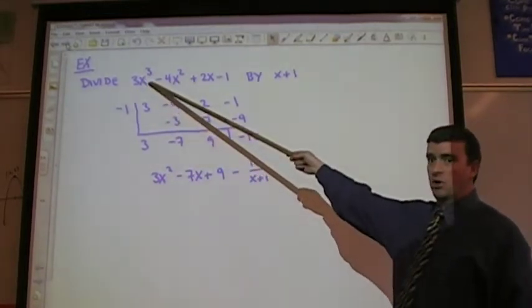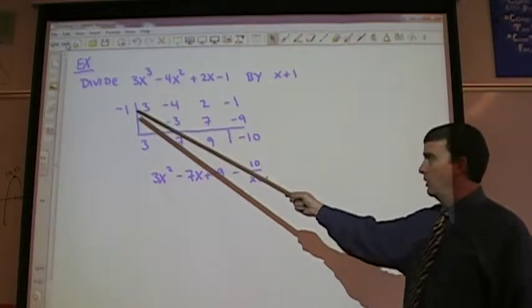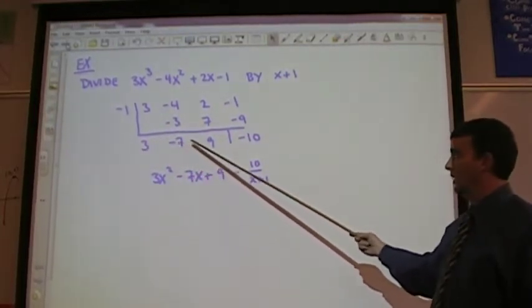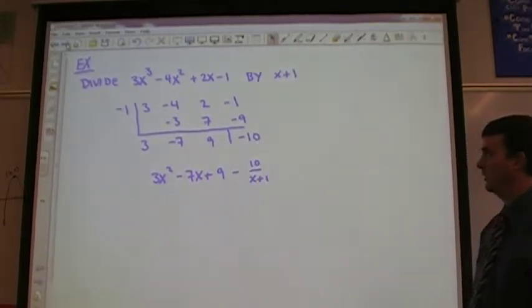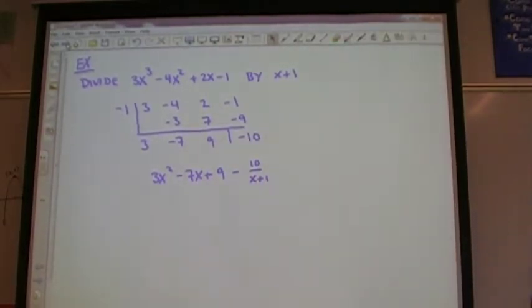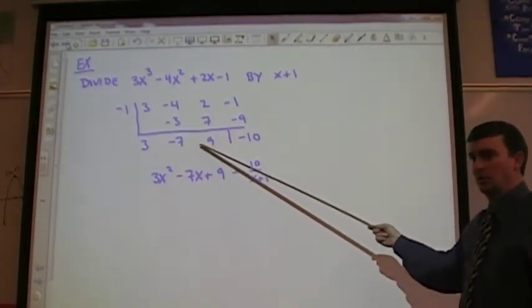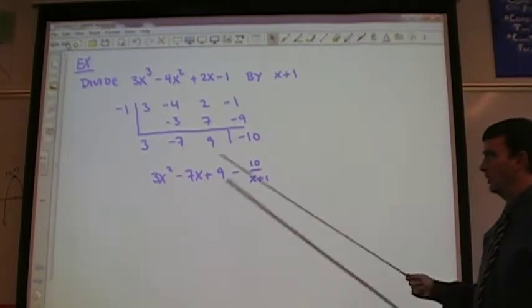Since your original problem started with x cubed, your answer is going to start with x squared. So this is representing x squared, x, constant, remainder. Why did you put x? Because you work your way down. If this is x squared, this has to be x, this has to be the constant, then the remainder.